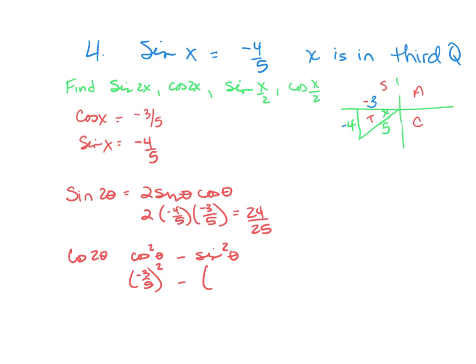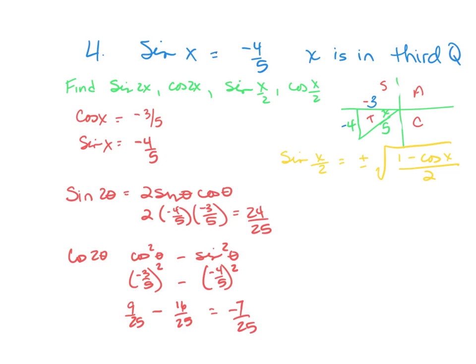And then the sine squared of theta is negative 4/5, and we're going to square that too. So that gives us 9/25 minus 16/25. Everybody understand what I'm doing? Which equals negative 7/25.